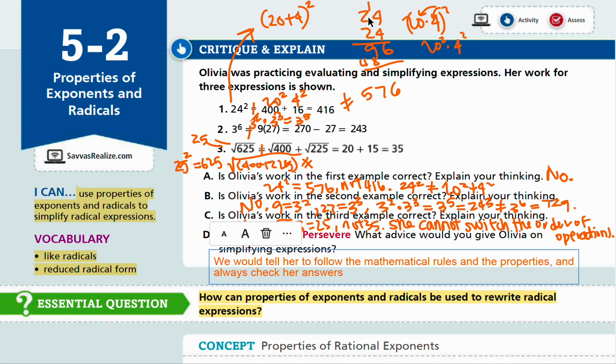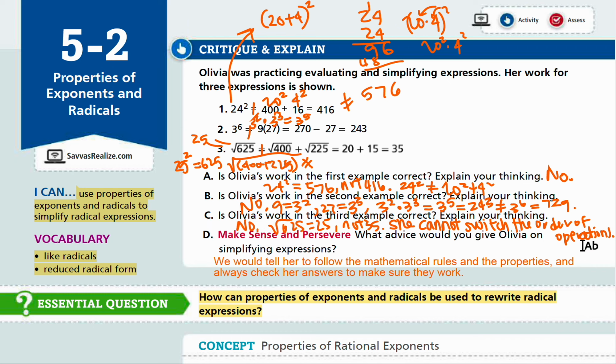You can literally multiply 24 times 24 and get 576, and that's not equal to the answer. So checking answers is very important, to make sure they work, to see their work, right?